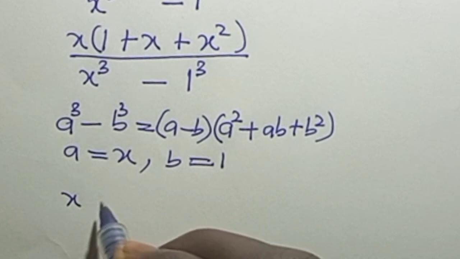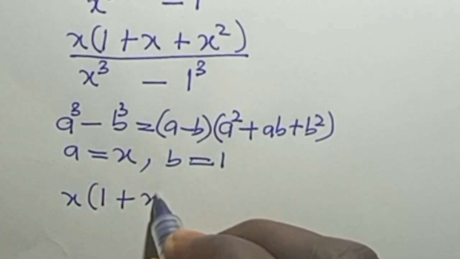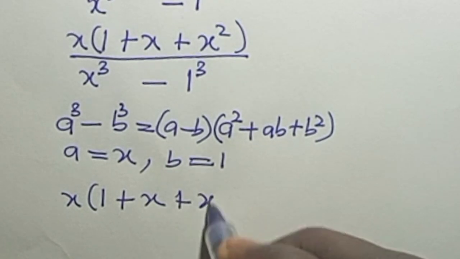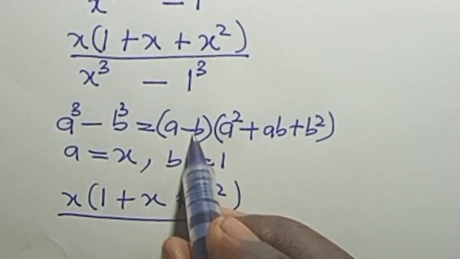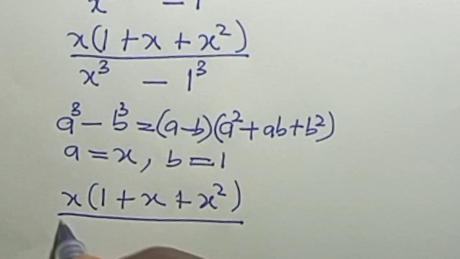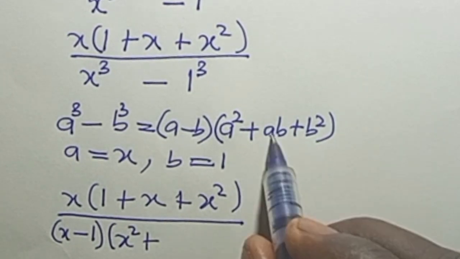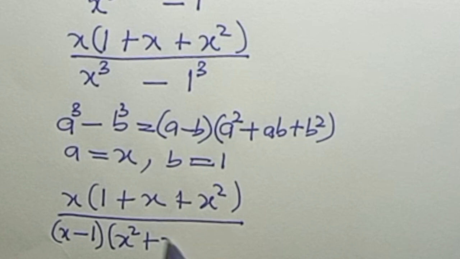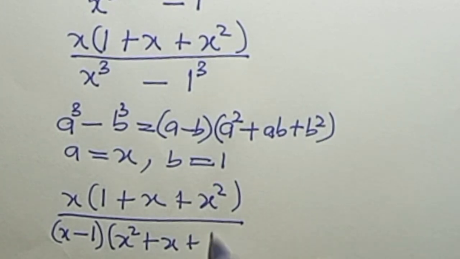Our s^3 - 1 is (s - 1)(s^2 + s + 1), since s^2, ab is s times 1, which is s, plus b^2 is 1 squared, which is 1.